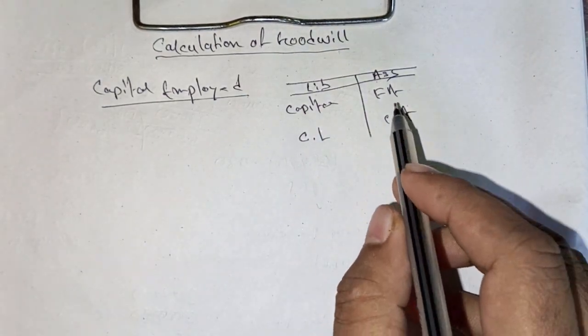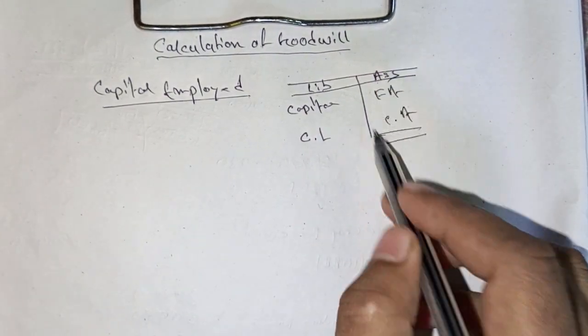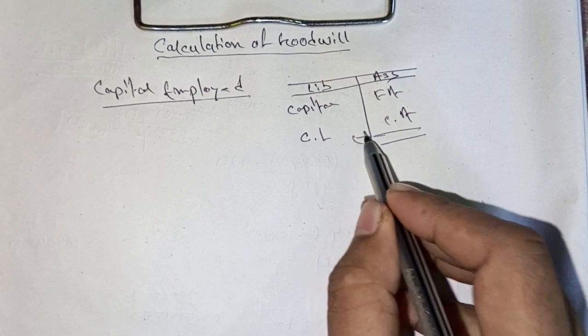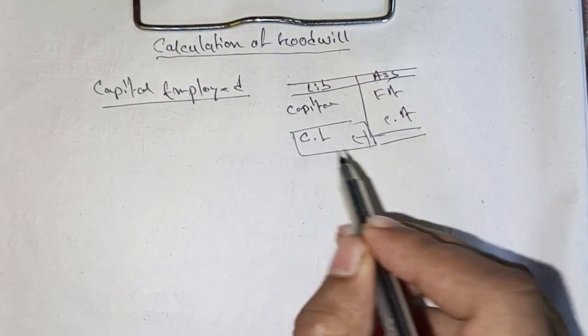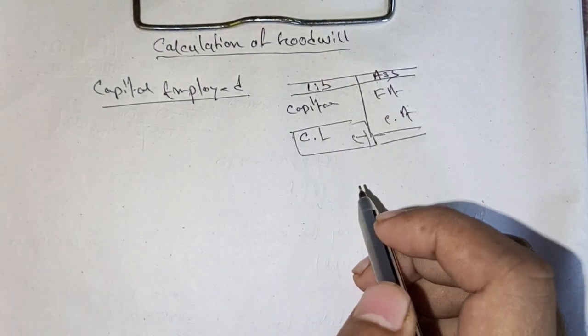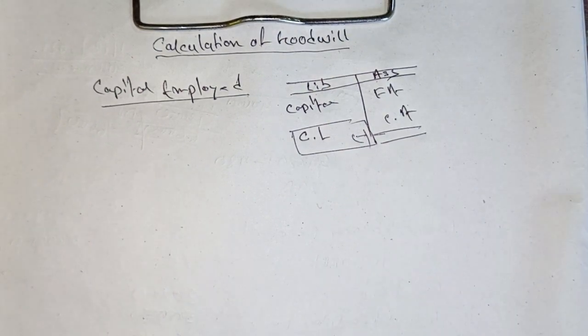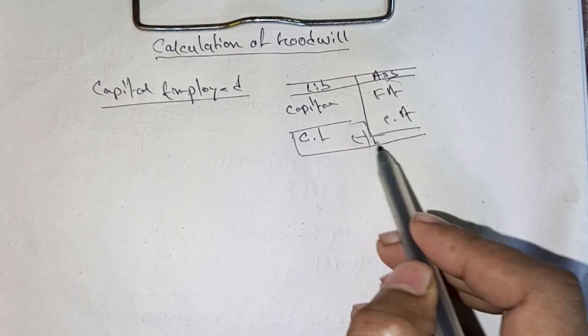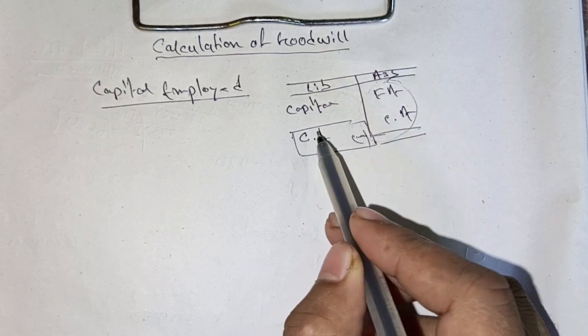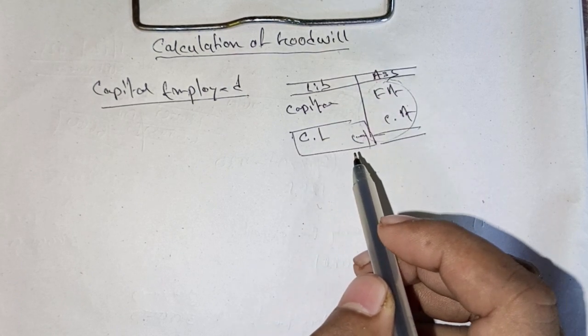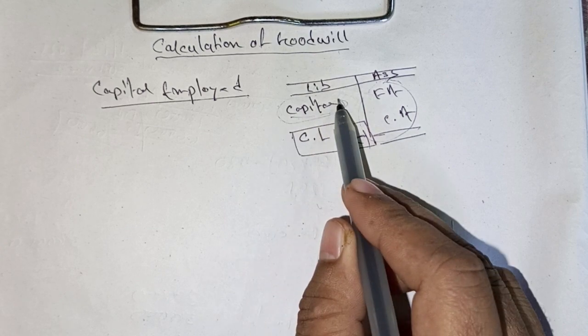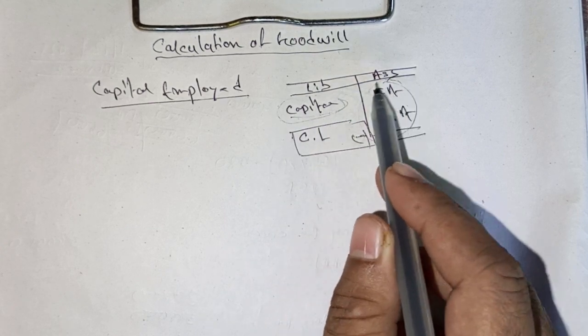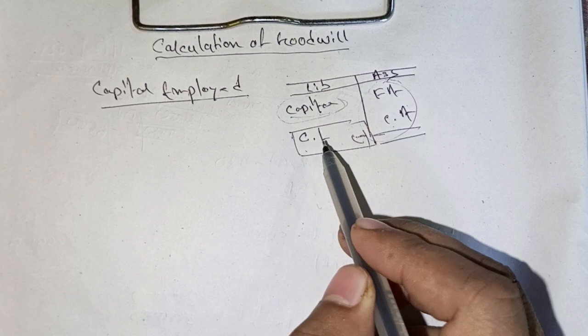So if you add the total asset side and decrease the current liabilities, it will be called our capital employed. So capital employed is our total asset minus current liability. Understood? So tell me, what is the capital employed? Capital employed means total asset minus current liability.